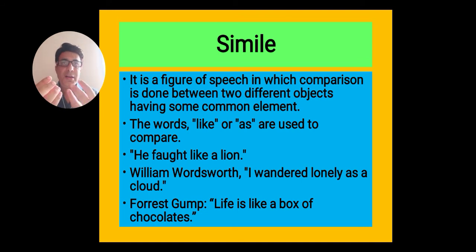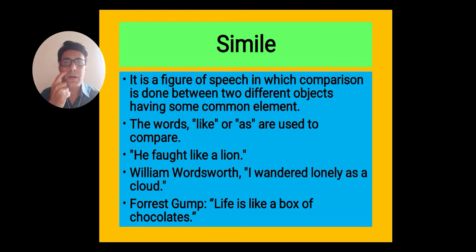So, he is one object and the lion is another object. He is compared with the lion. So some common element is there between him and the lion, and that's why the poet may compare him with the lion and say that he fought like a lion.